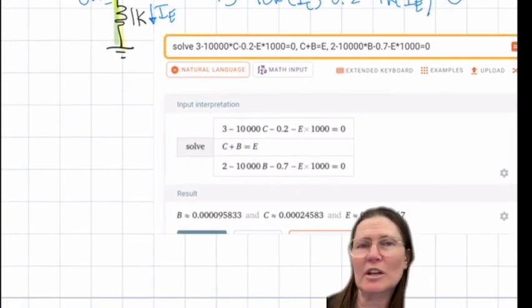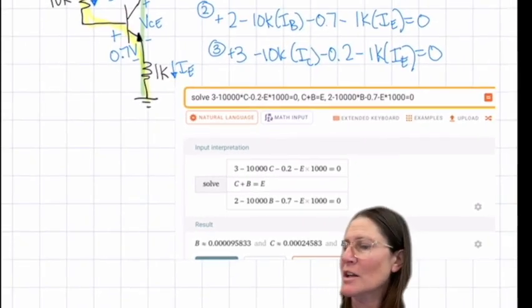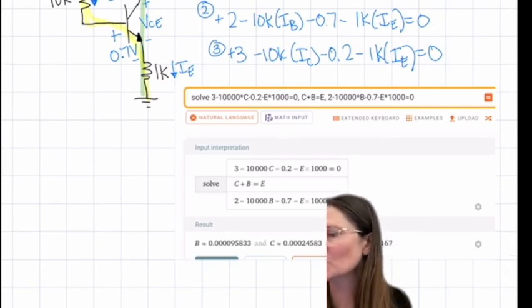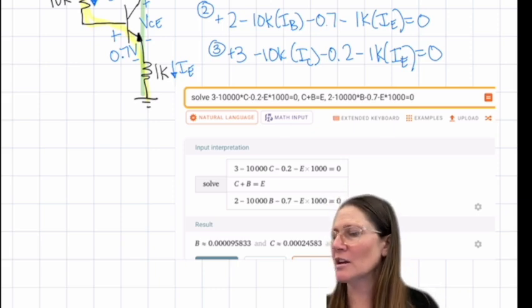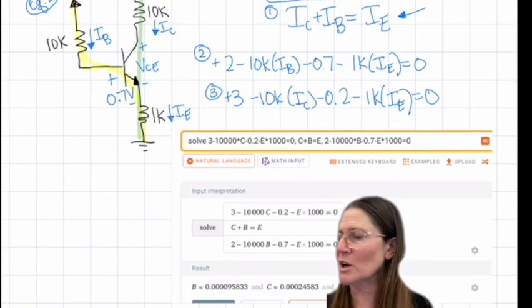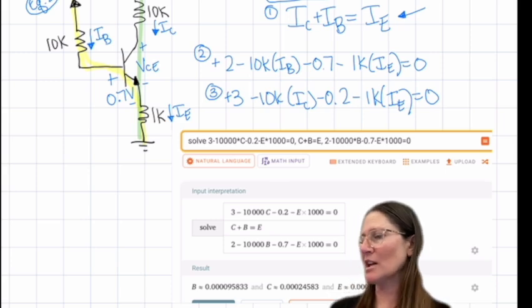And this is what it ended up giving me. So 3 minus 10K times IC minus 0.2 minus IE times 1,000. And then IC plus IB equals IE. And then 2 minus 10,000 IB minus 0.7 minus 1,000 IE.